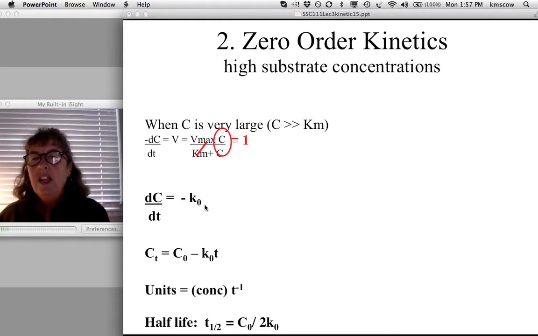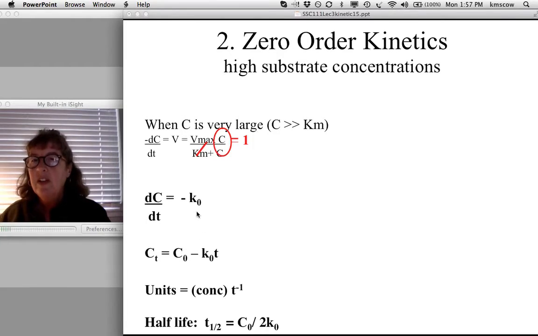And we generally use this zero order rate constant, K0, to then describe that rate. So we can rearrange the expression to dc dt equals minus k0. So essentially, the rate at which the substrate is used is a constant rate constant.